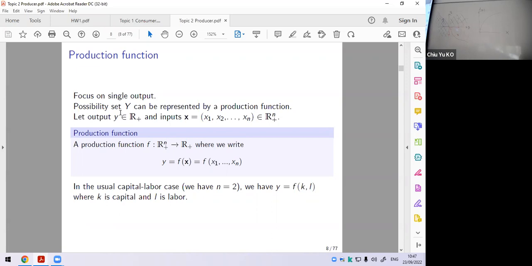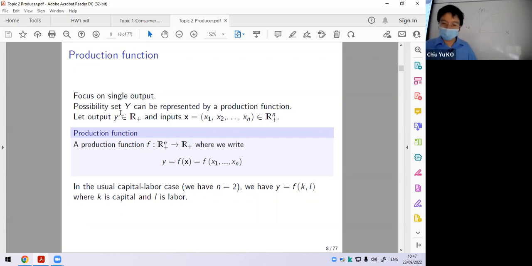Of course, Mas-Colell, Whinston and Green allow this to be m-dimensional, but we make things easier. So we have a production function coming from the production set here, from R^m plus to R plus.